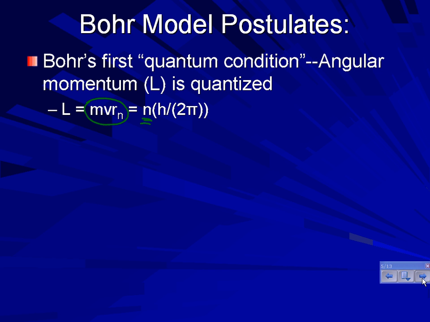This is the quantum condition, times Planck's constant divided by 2 pi. That number, Planck's constant divided by 2 pi, comes up quite a lot. This is actually a very common number in quantum mechanics and in relativity. It's so common that sometimes it's just written as h bar. So if you see h bar, that means h divided by 2 pi.